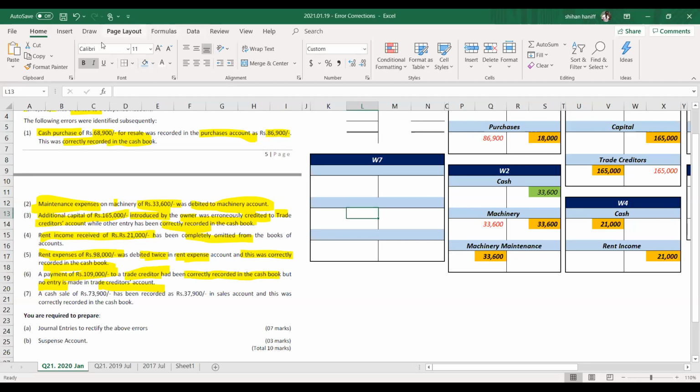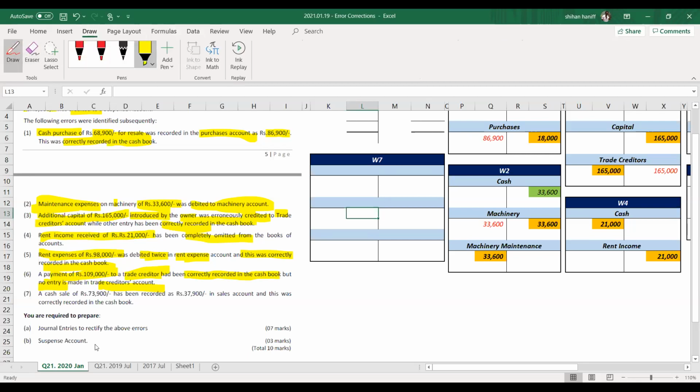Cash sales 73,900 has been recorded as 37,900 in sales account, and this was correctly recorded in the cash book. Cash book is correct. So double entry should go to cash account and sales account.